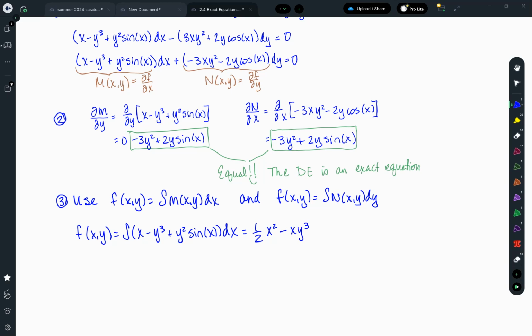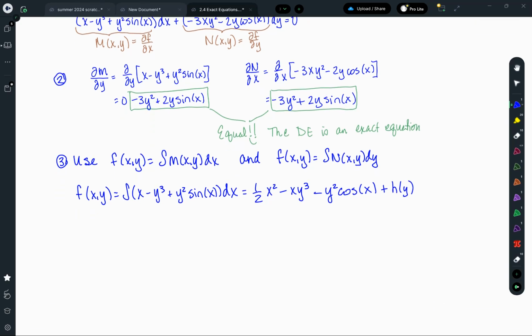And then the antiderivative of y squared sine of x. So the antiderivative of sine is a negative cosine. So I get a negative y squared cosine of x, and then plus some possible h of y, where that's my constant of integration. It is in terms of just the other variable. It may or may not be something non-zero. Okay, we'll see. I want to do something so that my notes are a wee bit more explicit.